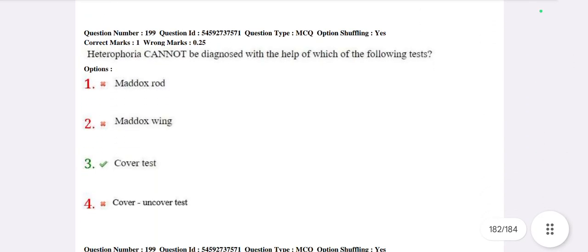Our next question is, heterophoria cannot be diagnosed with the help of which of the following tests? First, Maddox rod, second, Maddox wing, third, cover test, fourth, cover and uncover test. Correct answer is third option, cover test.